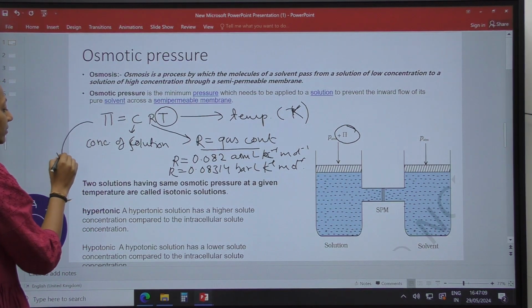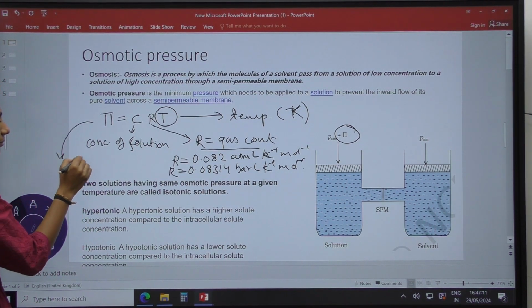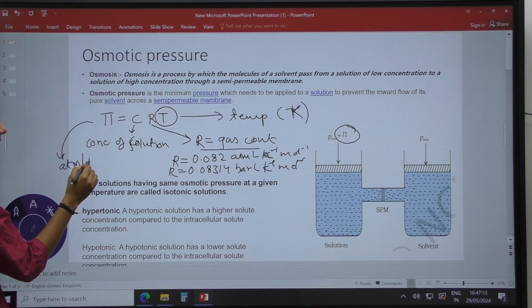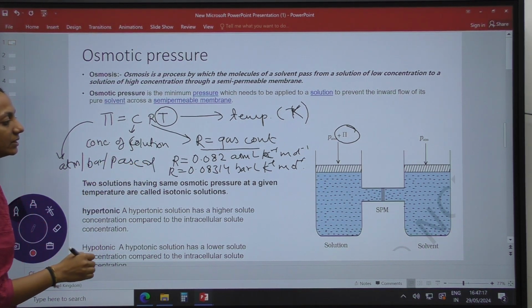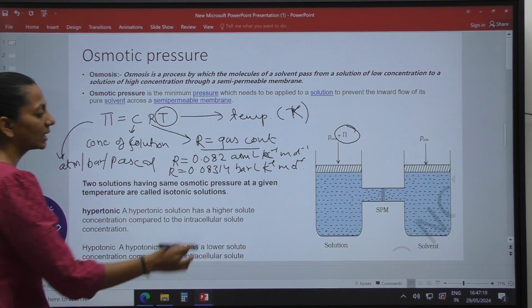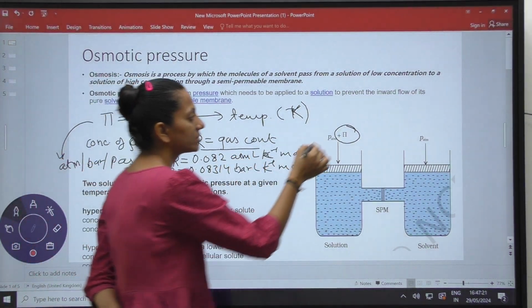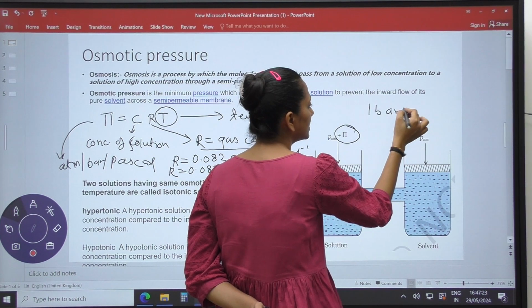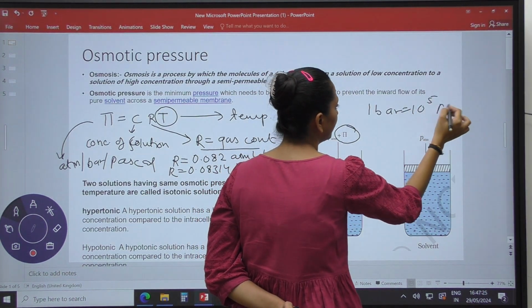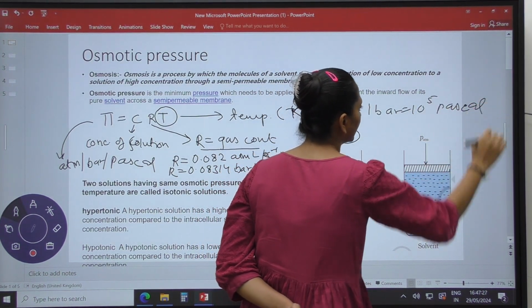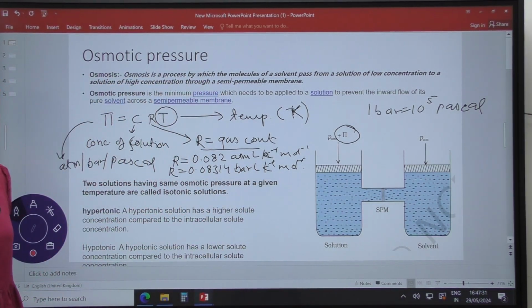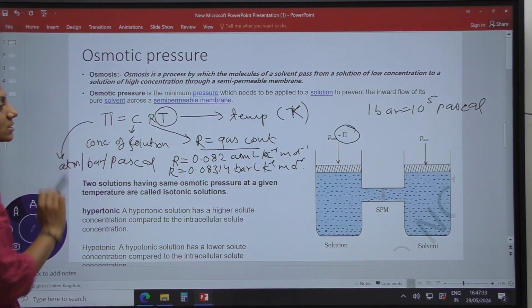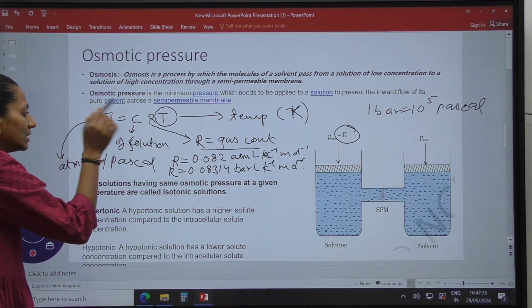Pi will be given according to the pressure unit: atm, bar can also be there, then Pascal is also possible. Here also we will have the unit Pascal. We know that 1 bar is equal to 10 raised to power 5 Pascal, so we can easily convert bar into Pascal. These are the different units of the gas constant.